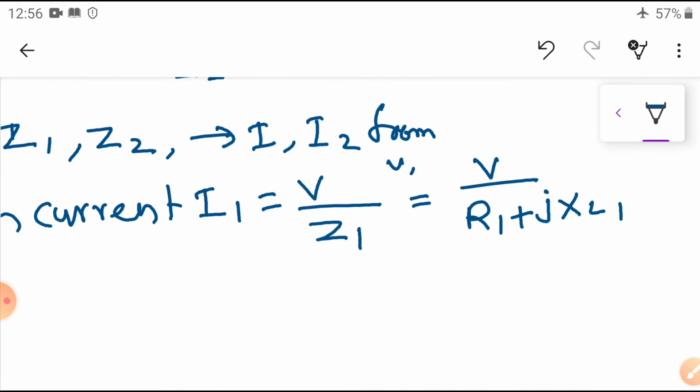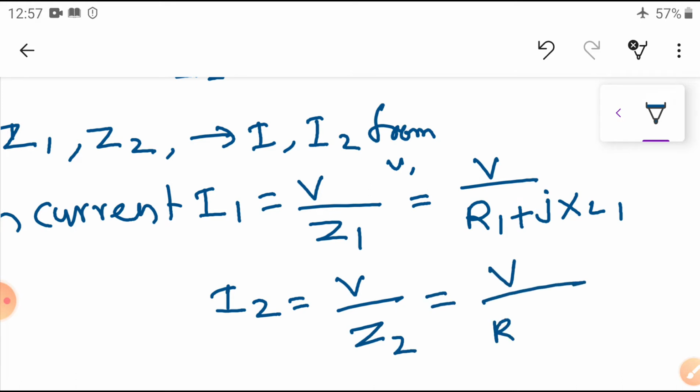Similarly, find I2. I2 is V by Z2, so V by R2 minus J XC2.